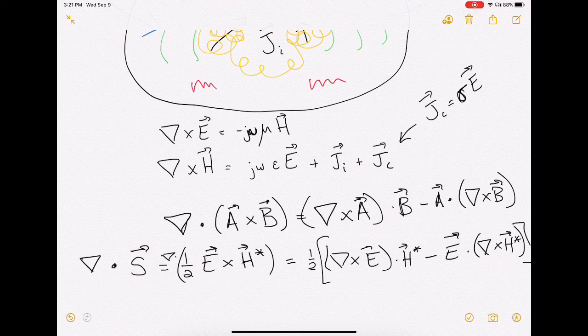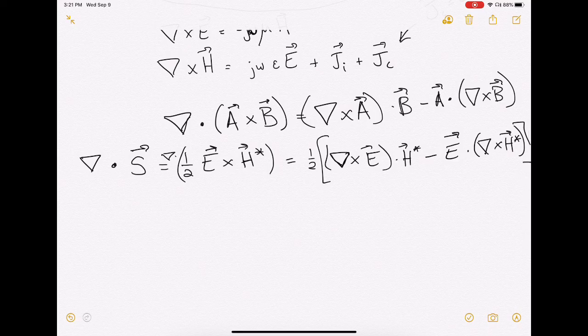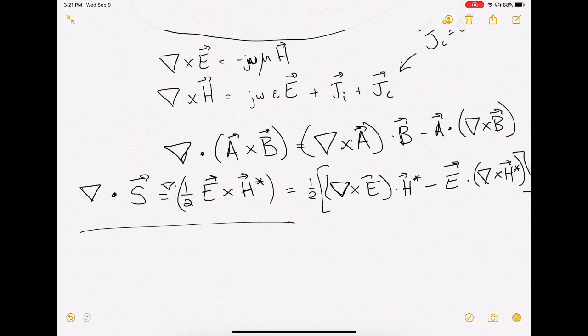Now, just as a reminder, star stands for complex conjugate, so that's the complex conjugate of the phasor magnetic field, H. How do we get from these Maxwell's equations to here? Hopefully the clues are all right in front of you. The first thing we have to do is dot Faraday's law with the complex conjugate of the magnetic field. And then we also need to dot Ampere's law.